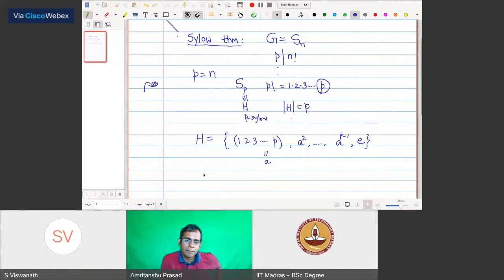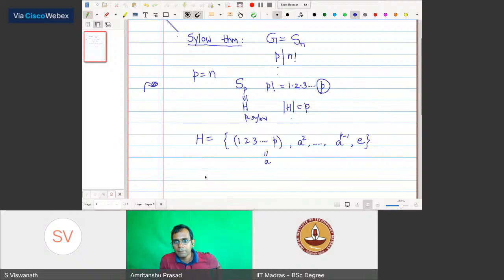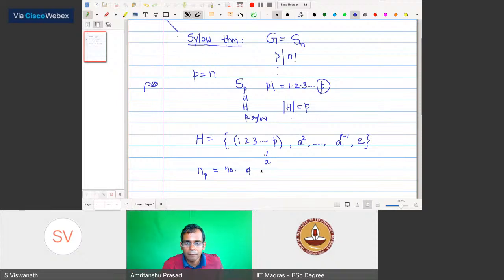Okay, so of course the question is how many other Sylow p-subgroups are there? One of the Sylow theorems tells you something about that. That's the third Sylow theorem, which says that the number of Sylow p-subgroups is firstly congruent to 1 modulo p. Let's call this n_p, the number of Sylow p-subgroups of this group.